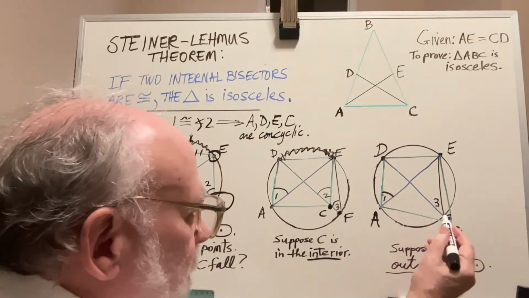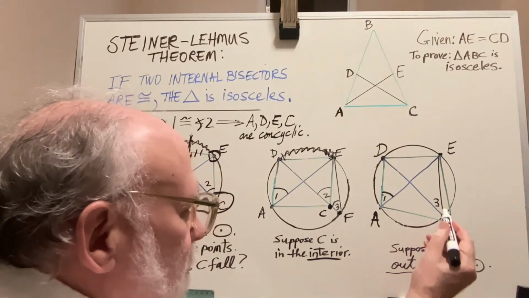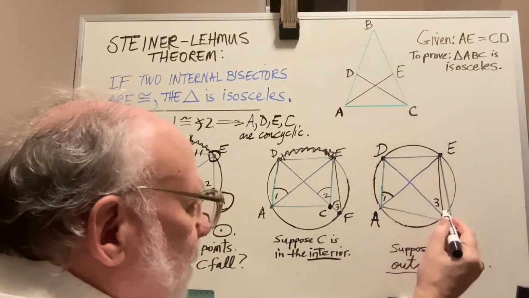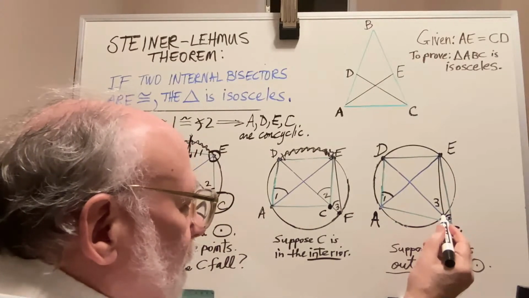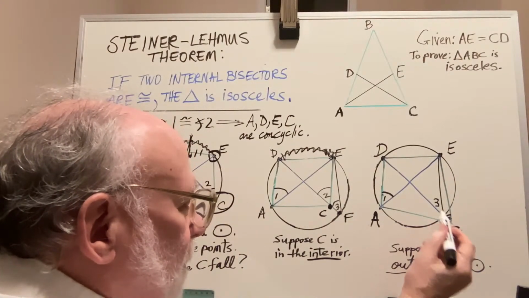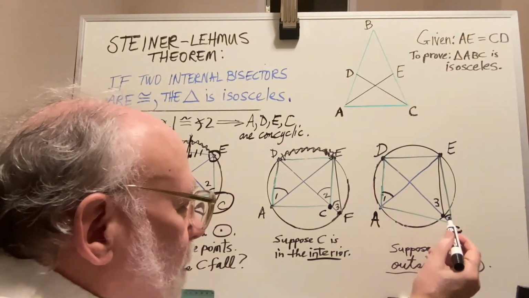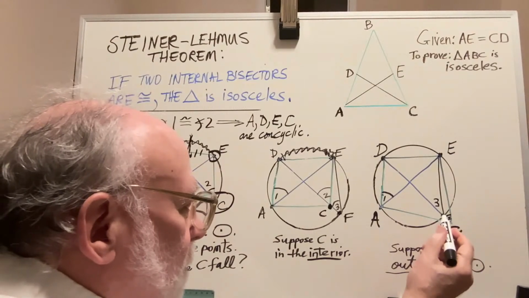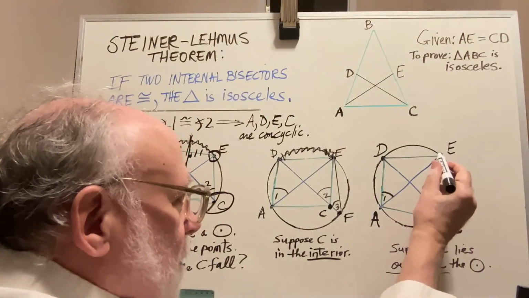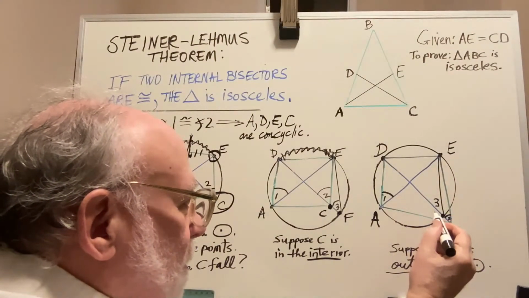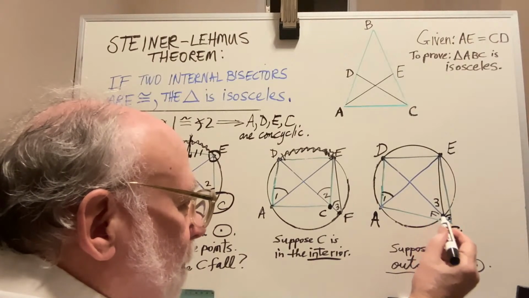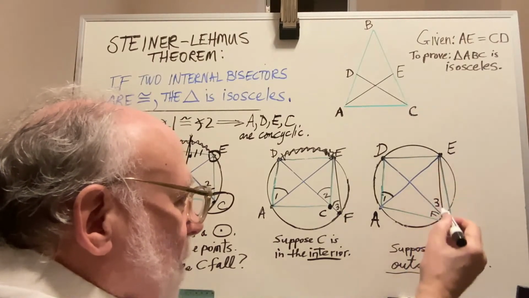We're going to draw this segment here that connects the point where DC passes through the circle to E. So this is your point F here. We're going to draw EF.